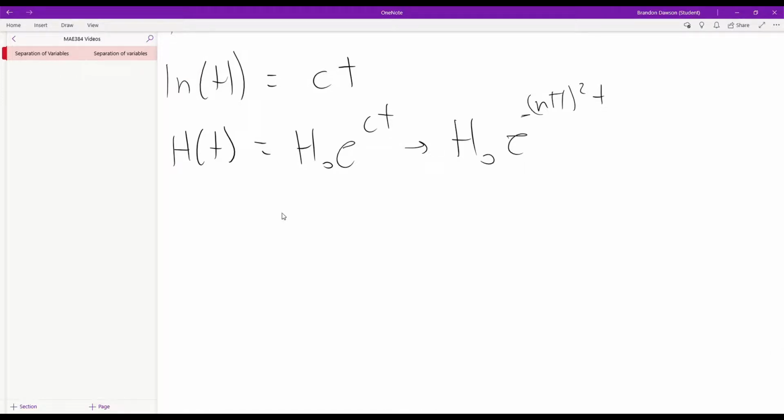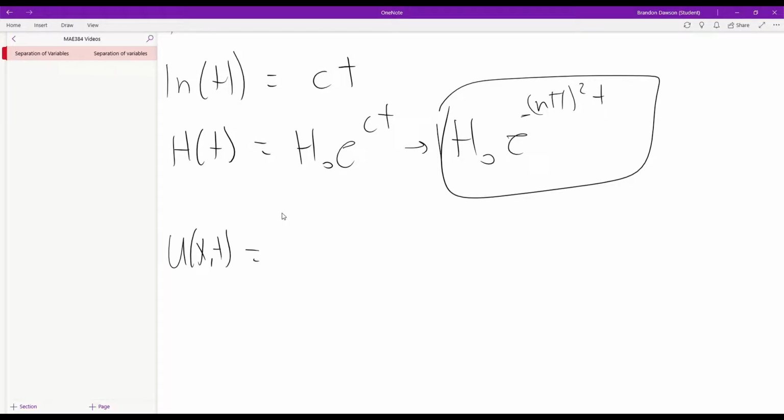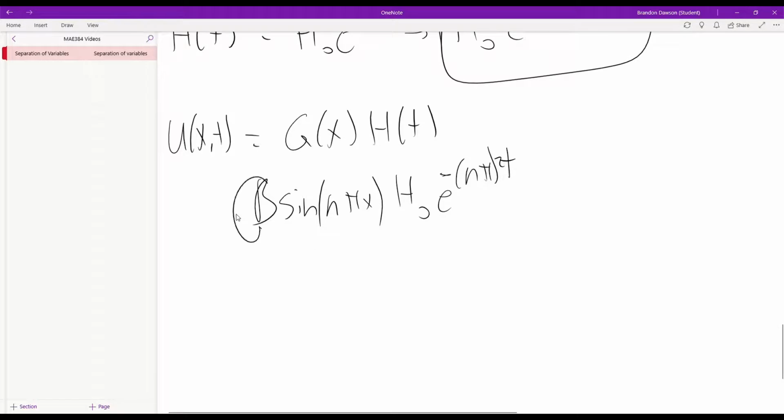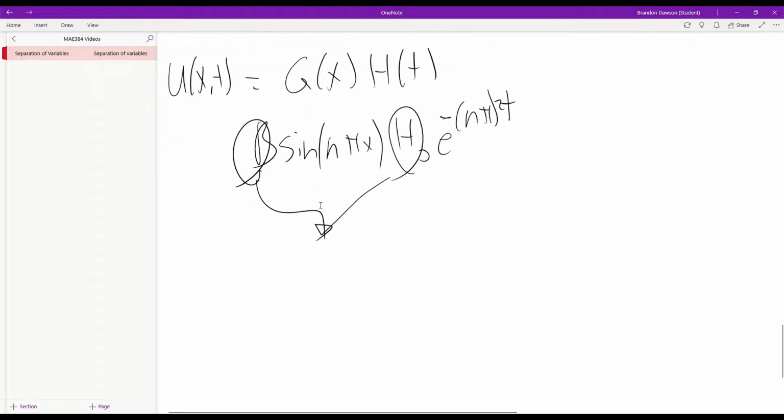So now that we have h of t and we have g of x, we can put it back together, and then u of x,t is equal to g of x times h of t, which becomes b sine n pi x times h naught e to the negative n pi squared t. Now, this value here and this value here can be combined together to make some other constant.